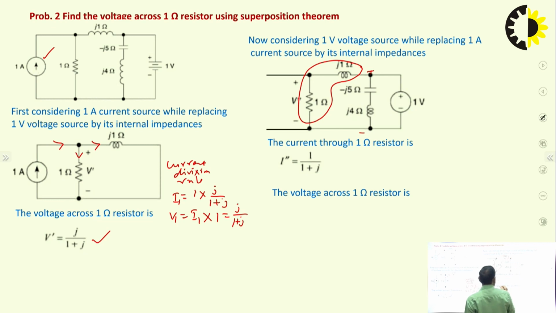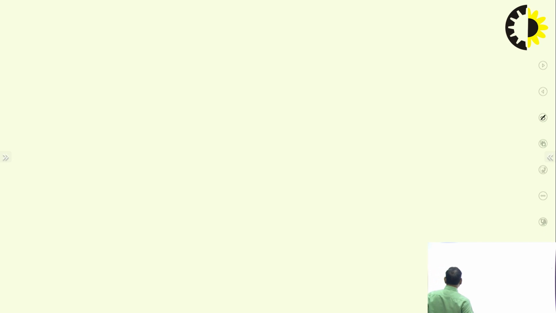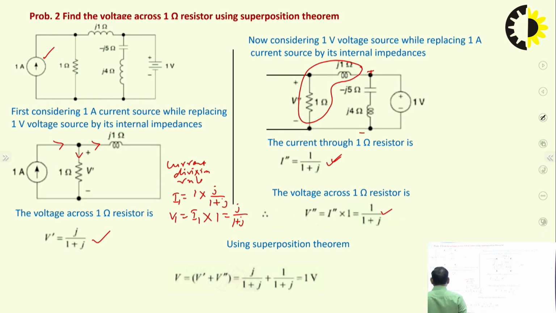So this I1 dash is 1 divided by 1 plus j, and this I1 is 1 by j. So using superposition, V dash: here the polarity is plus minus, and here also the polarity is plus minus. So V dash plus V1 is 1. This way we can solve circuits using the superposition theorem.